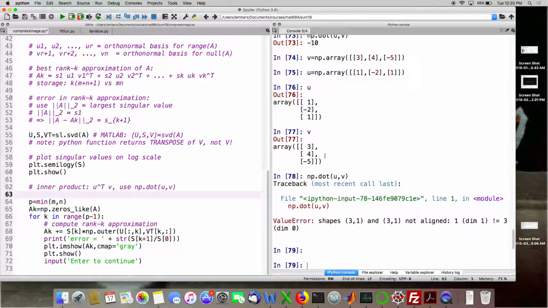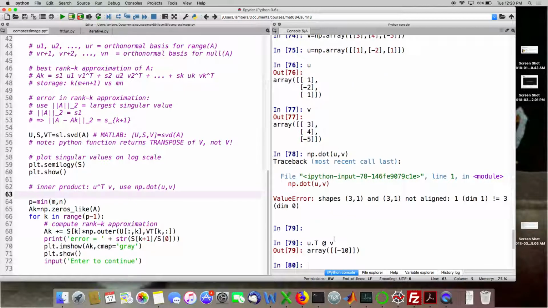On the other hand, suppose I do this. The dot product would be U transpose @ V, and it gives me a 1-by-1 matrix. So this carries out proper matrix multiplication, and minus 10 is the correct result.